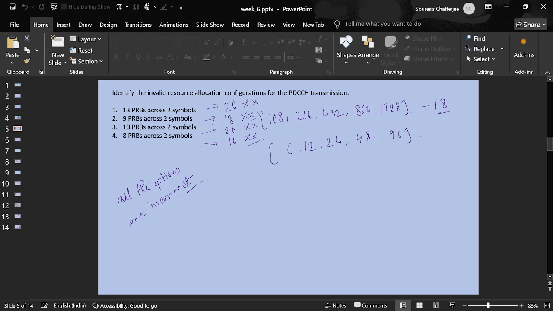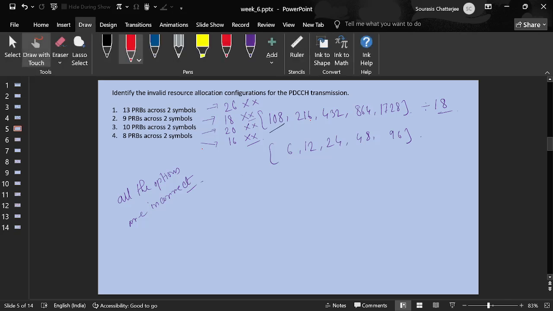I cannot transmit any arbitrary number of bits via this CORESET or control resources. Those are reserved for the PDCCH chain.